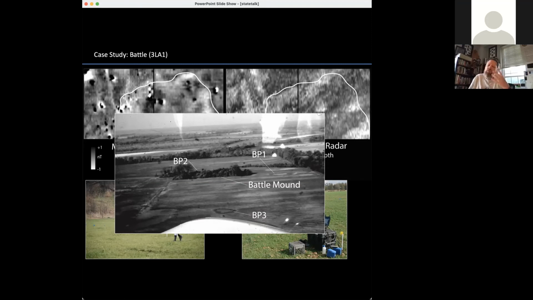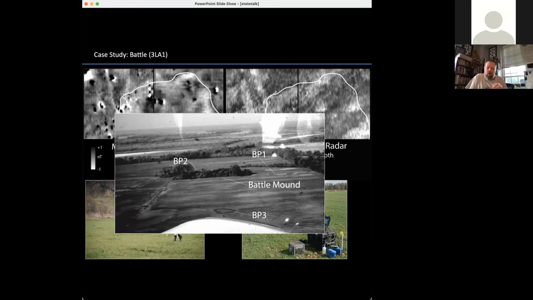Where it was originally assumed that there were only two borrow pits, this large one out here to the north and another one that's covered in the trees but visible, remote sensing survey and the use of historical imagery documented a third undocumented borrow pit.